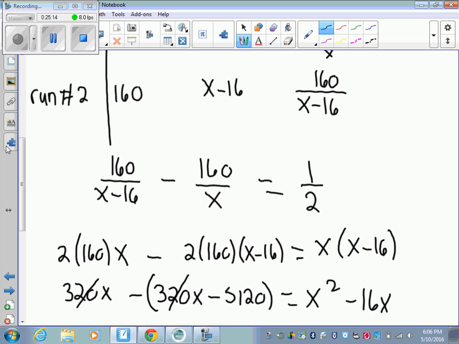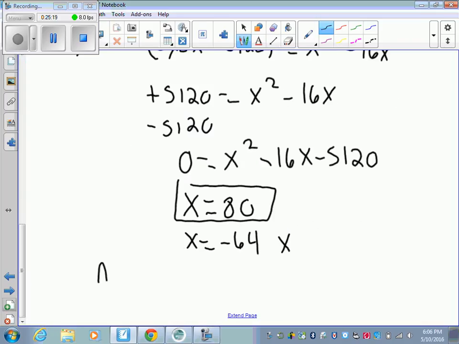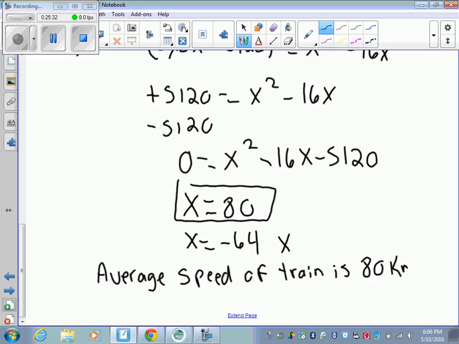So what is the average speed of the train? Average speed of the train is 80 kilometers per hour.